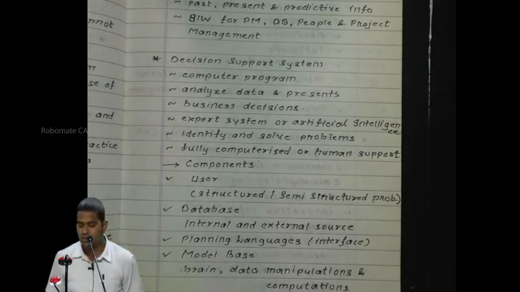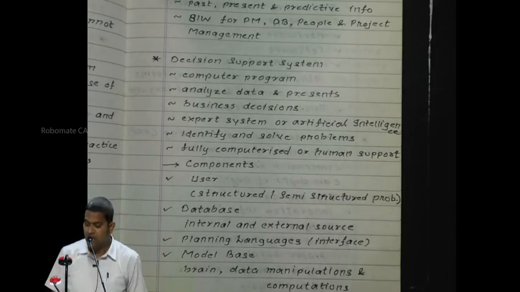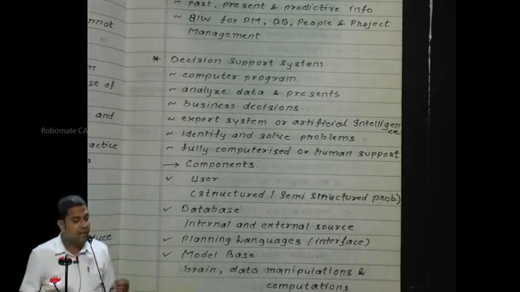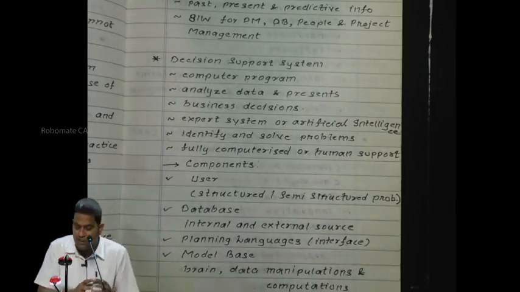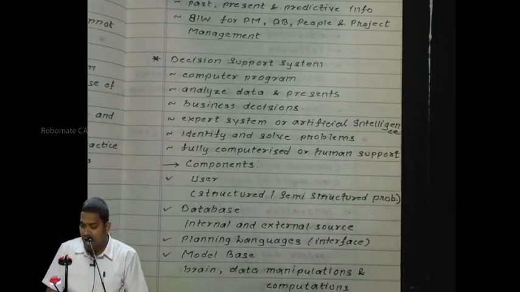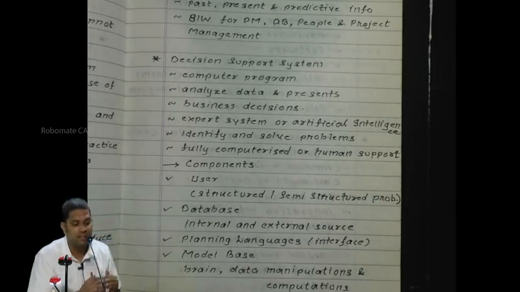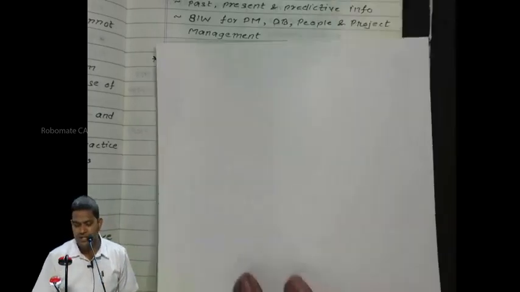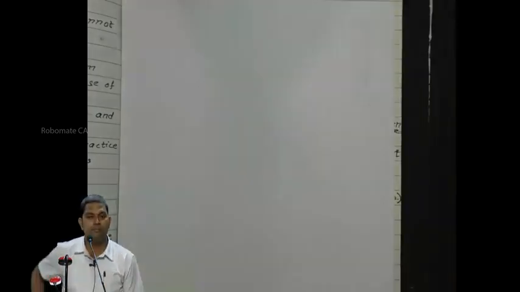And last but not the least is the model base. A model base is the brain of this system, because this model base will be doing all the permutations and combinations. And it is that part which will be interacting with the planning language. Understanding? That is nothing but a decision support system. Okay.